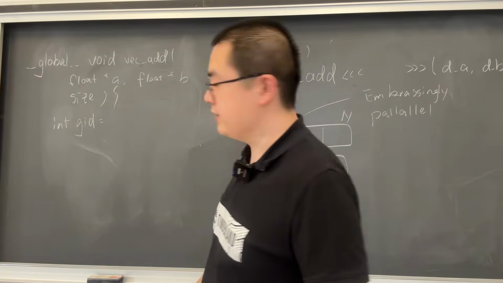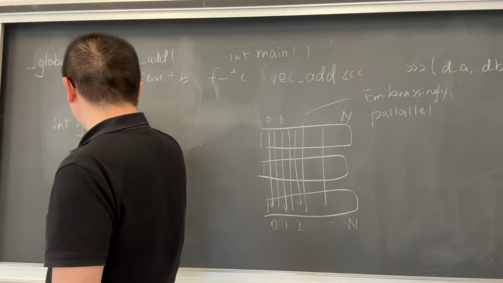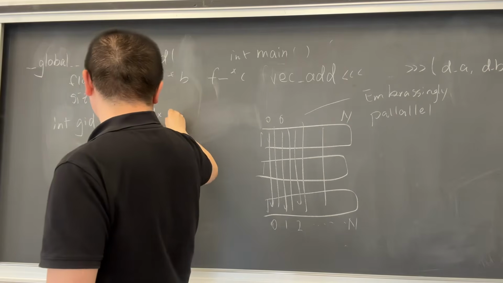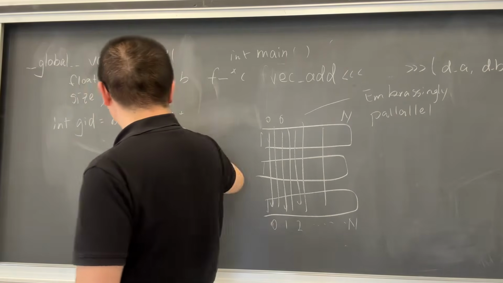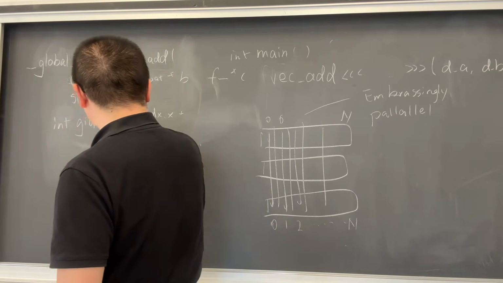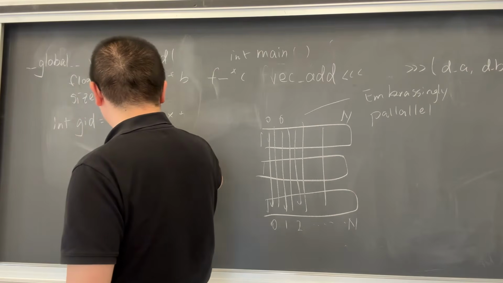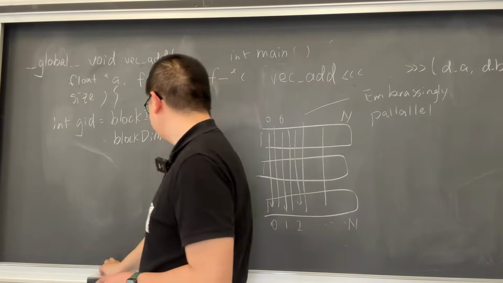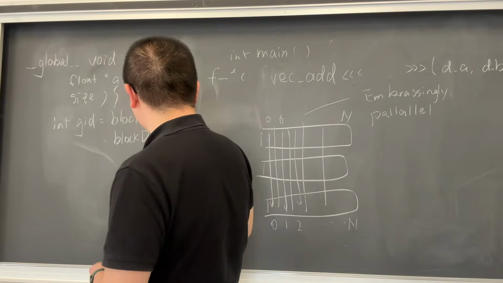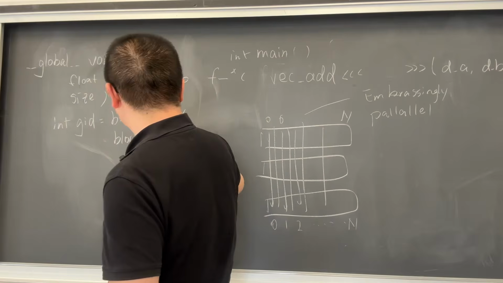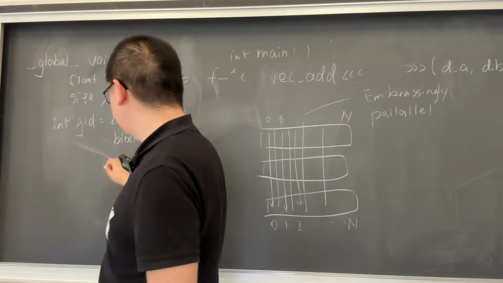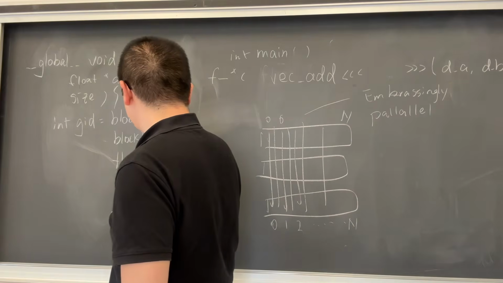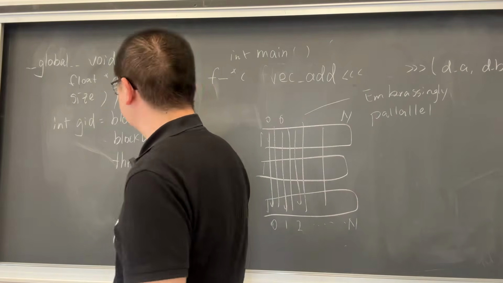So the calculation is basically in this way: block index dot x, plus block dimension dot x multiplied by, sorry, this is not plus, this is multiplication here. Then plus thread index dot x.